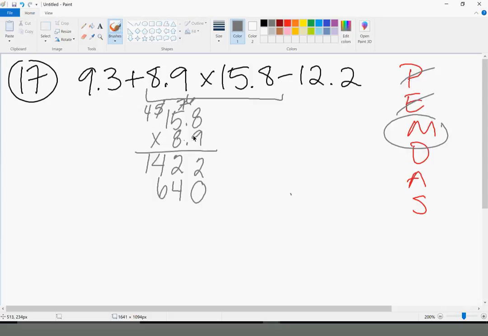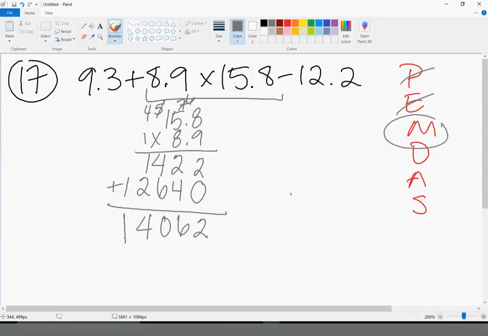Write the 6, carry the 4. 8 times 1 is 8, plus 4 is 12. So now we want to add these numbers vertically. 2 plus 0 is 2. 2 plus 4 is 6. 4 plus 6 is 10, carry the 1. 1 plus 1 plus 2 is 4. Then bring down that 1.